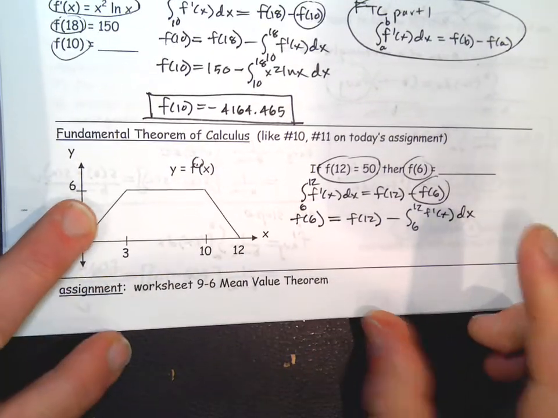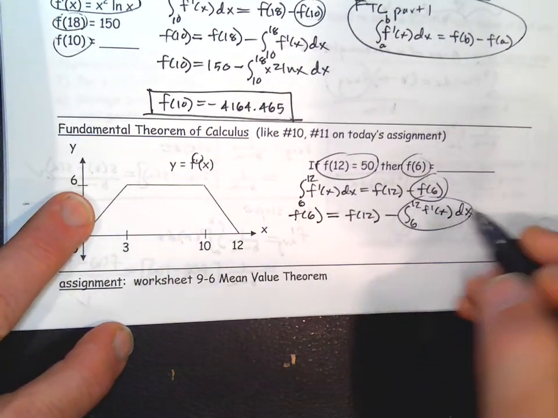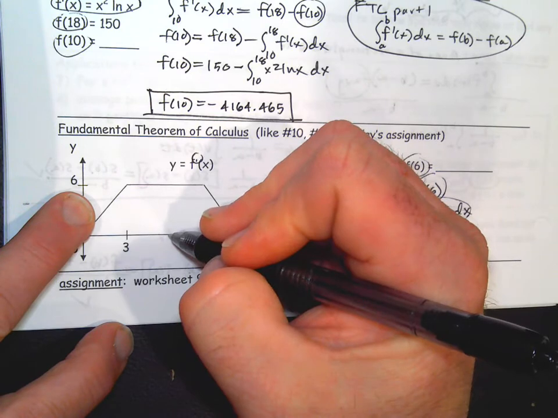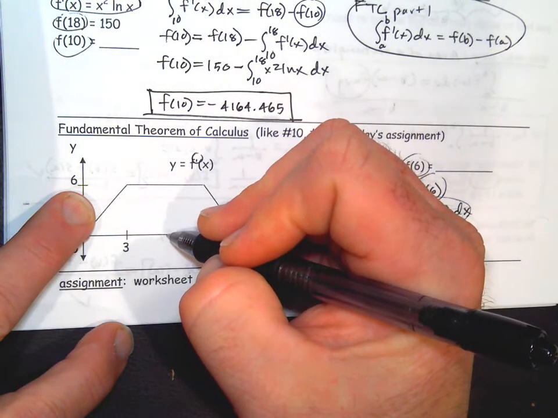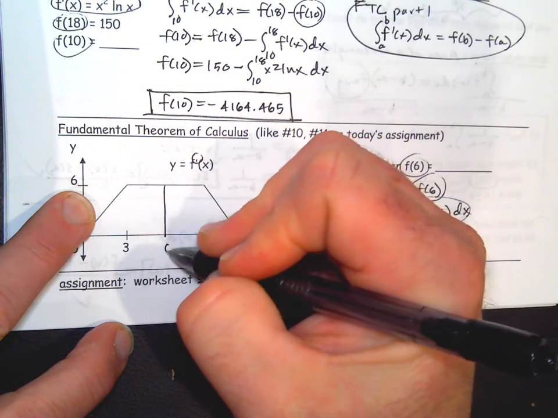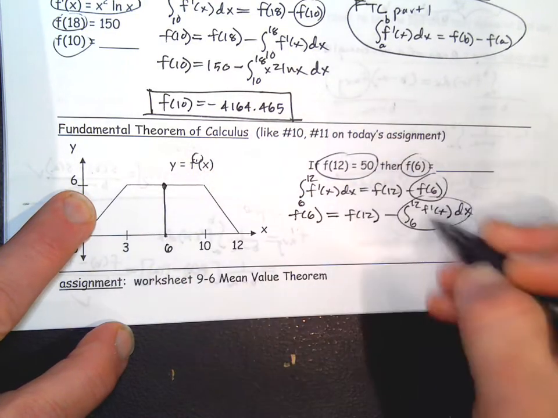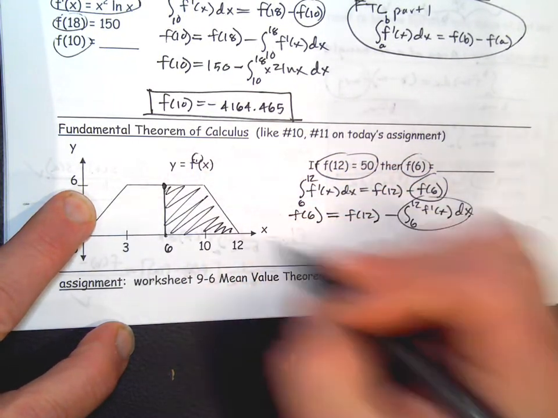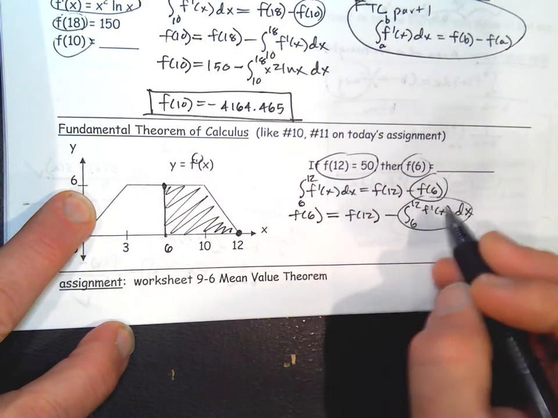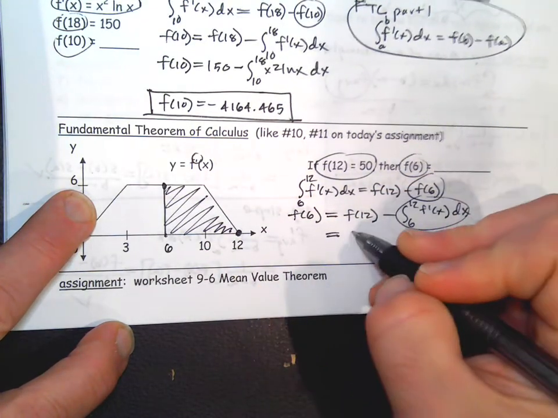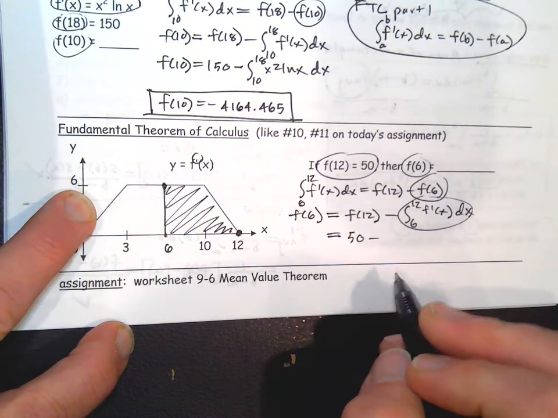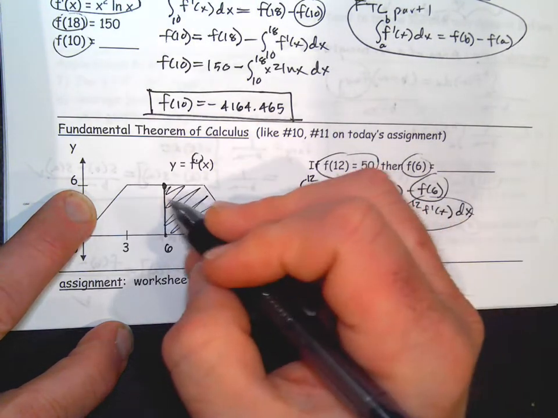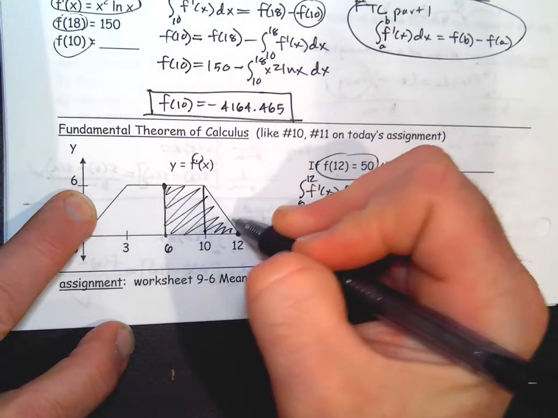Here's the difference. How do I find this? Not on a calculator this time, but we're going to use the graph. The integral of the derivative is the area under this graph. So we're really just trying to find this area right here. That's what's going to go right there. f of 12 is 50. And for the area of this graph, you could do a trapezoid or you could do a rectangle and a triangle.